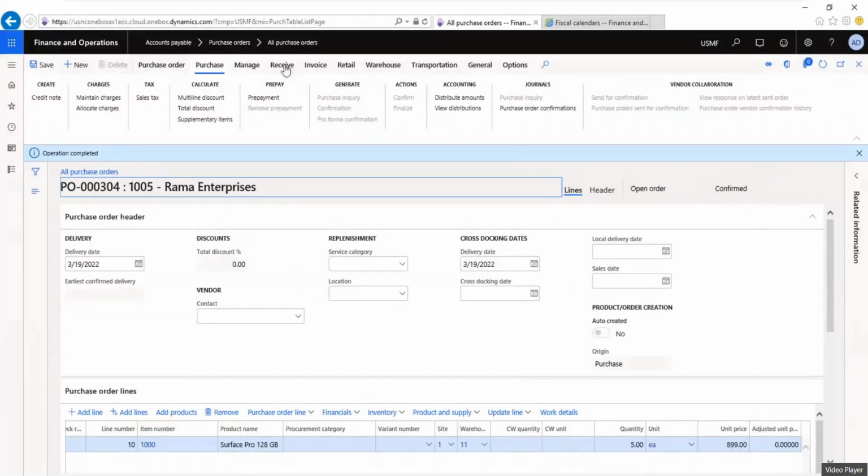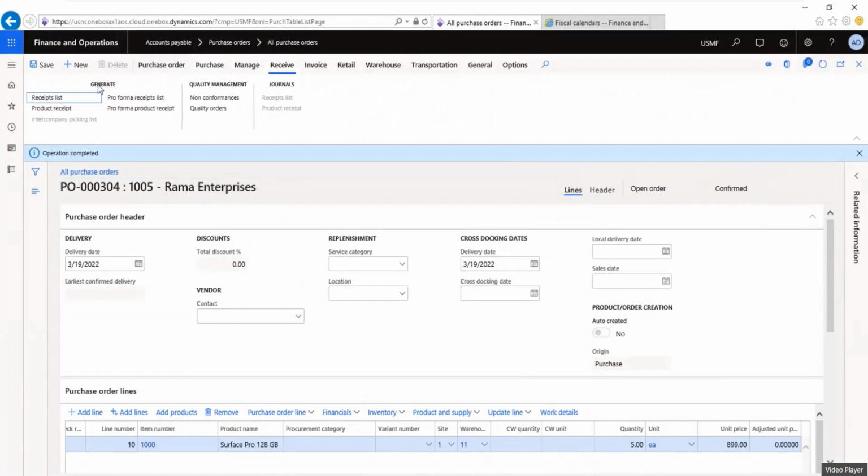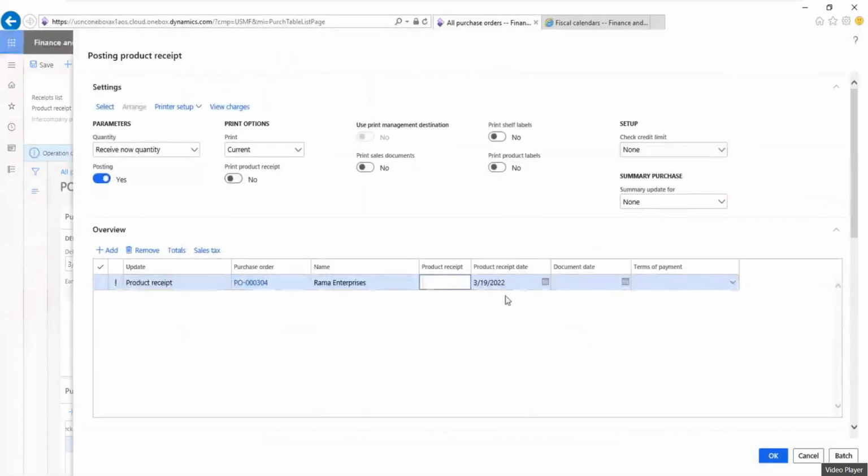Next one is the receive tab, on the purchase order page. Product receipt means material is received. So I'm doing product receipt here.